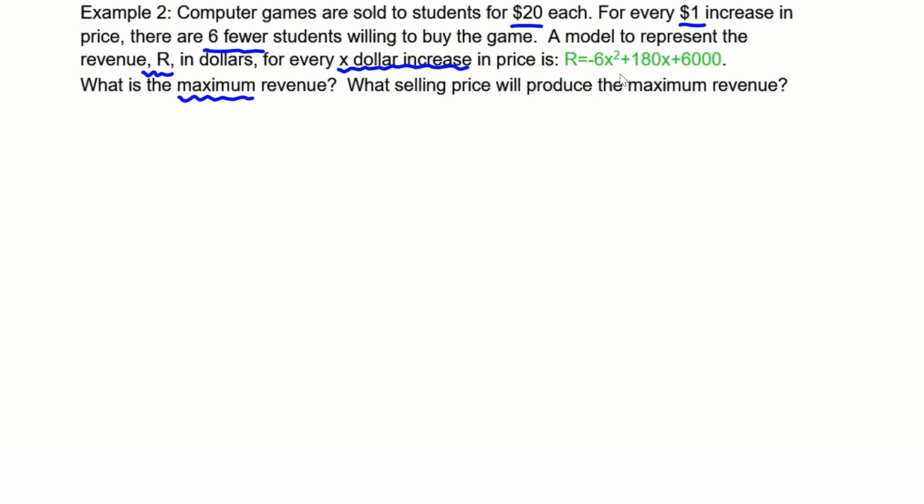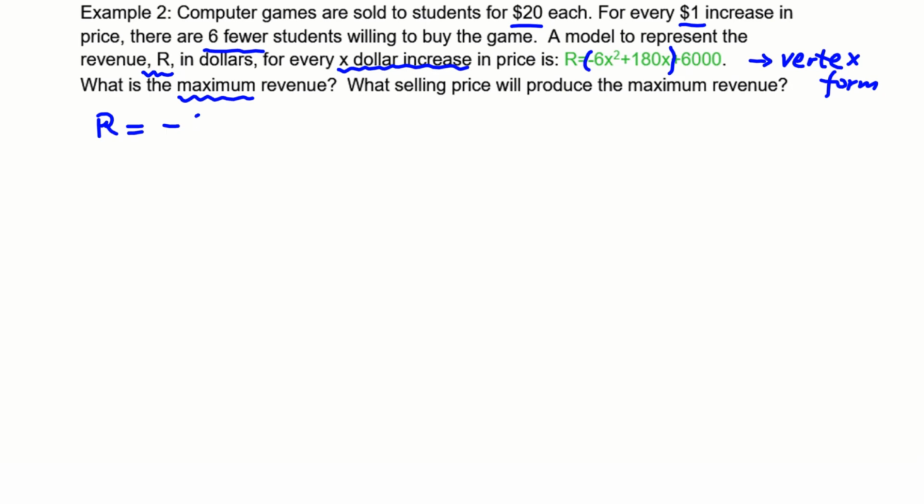We know this is ax squared plus bx plus c, a standard form. It asks for the maximum revenue, so we could start by converting this to vertex form. We are going to group the first 2 terms.